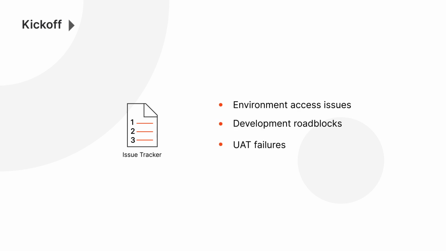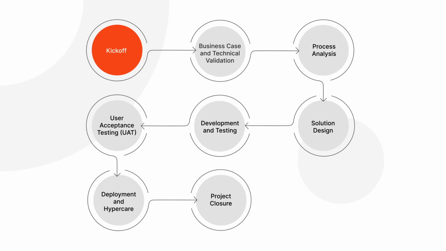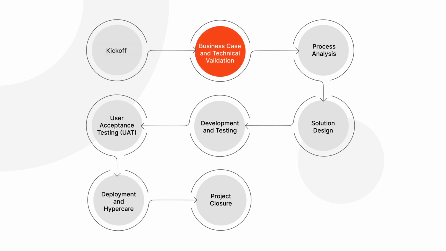This document will be used to compile all issues throughout the project to enhance transparency. The issue tracker can be used for environment access issues, development roadblocks, user acceptance testing failures, or anything else that's impacting the progress of the implementation. When these outputs are complete, we can move on to the next stage, business case and technical validation.